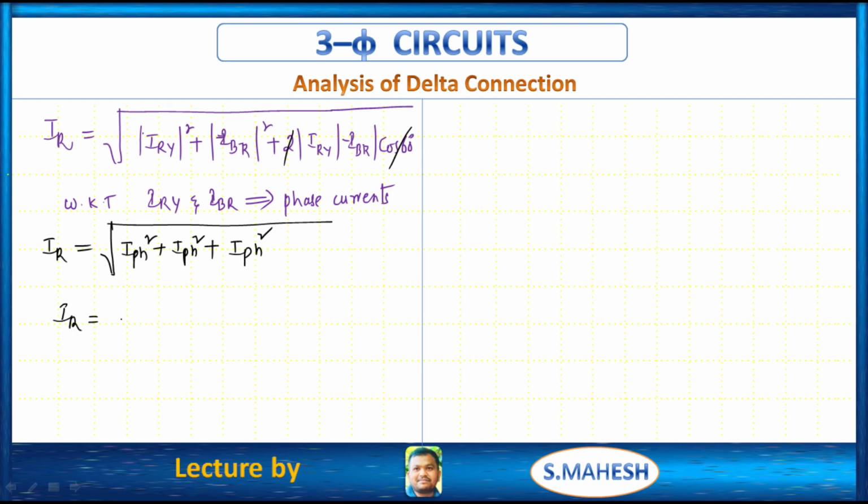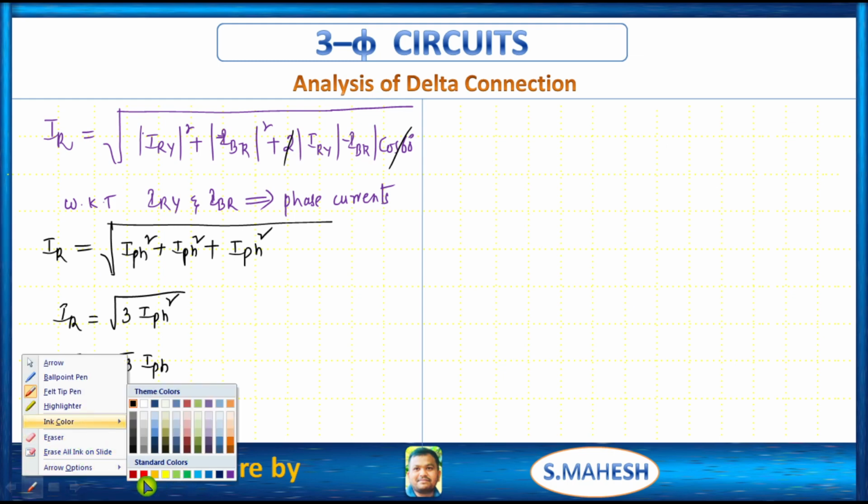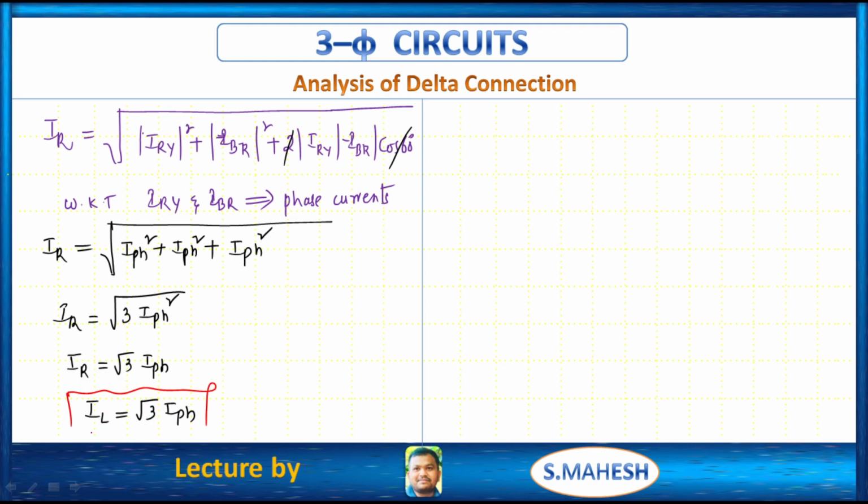From this IR squared, which is equals to what? 3 I phase square, which is equals to IR root 3 I phase, which is nothing but IR is what? Line current, right, root 3 I phase. This is the relation from this delta connection. Similarly, you can do the analysis for IY, that is root 3 I phase, like that IB, which is equals to root 3 I phase.